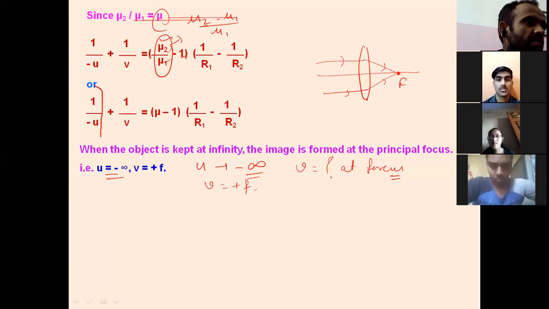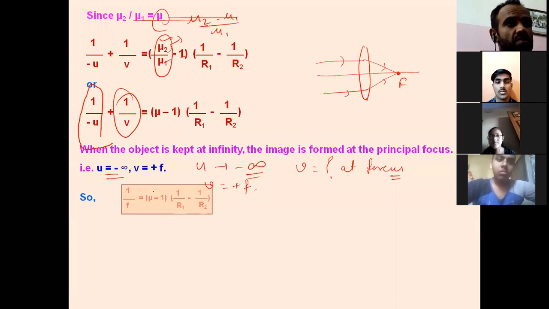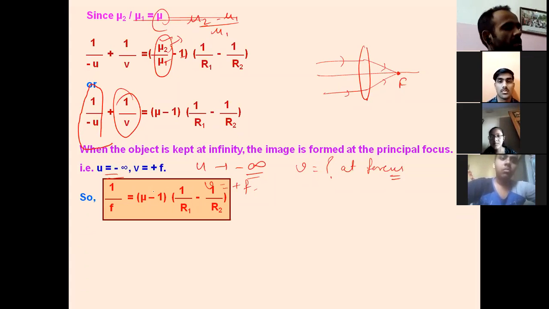1 by infinity क्या हो जाएगा यहाँ? 0. And 1 by V क्या हो जाएगा? 1 by F, isn't it? So the formula will become 1 by F is equal to mu minus 1 into 1 by R1 minus 1 by R2.